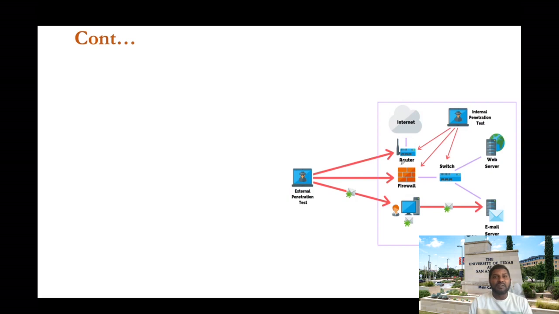These are called external tests because the pen tester tries to break into the network from the outside network, not from the inside network. This is inside and this is outside the network. Similarly, internal penetration tests are also there.